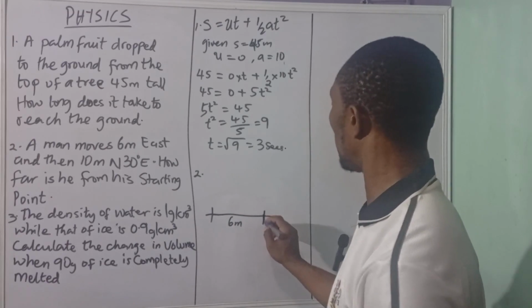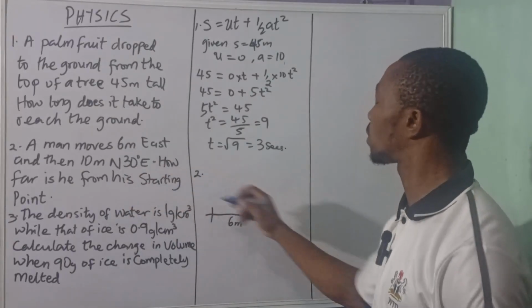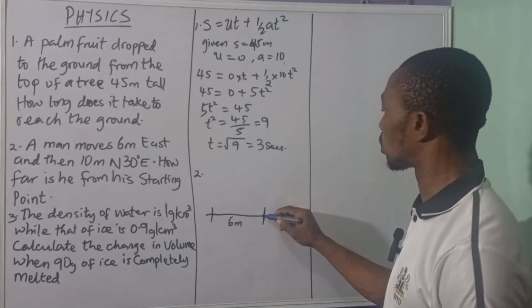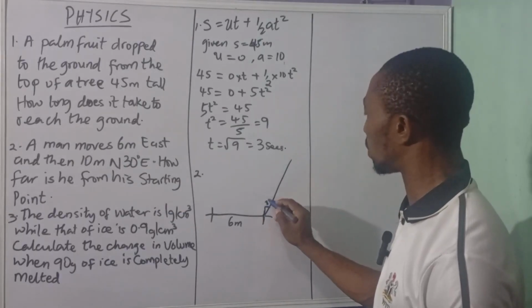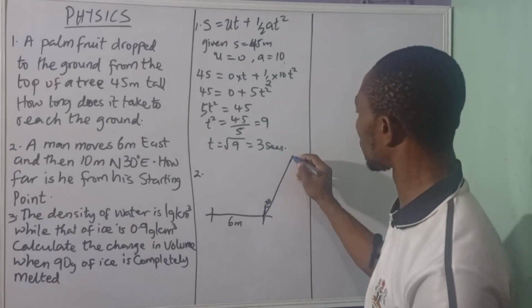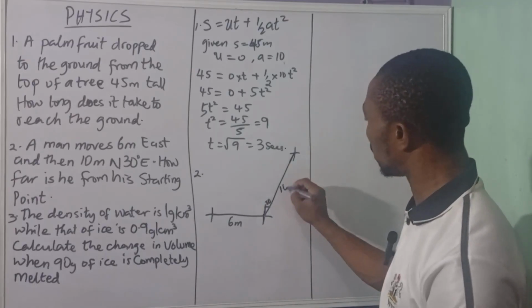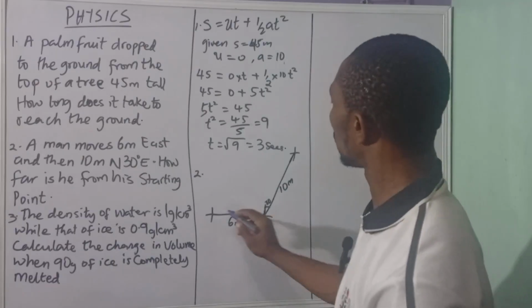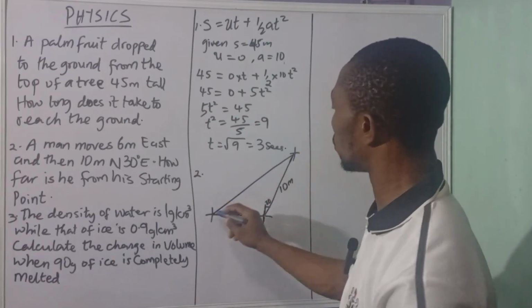From this point, he goes 30 degrees east of north, counting 30 degrees east from the north. So this is the current position, 10 meters. We have to calculate his distance from this current position to the starting point.